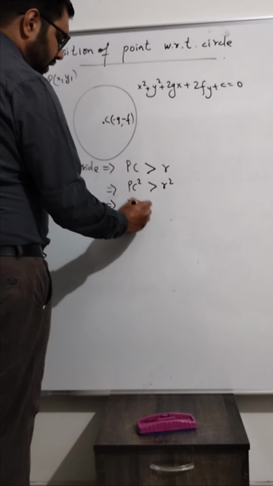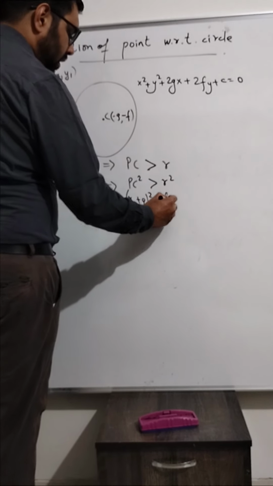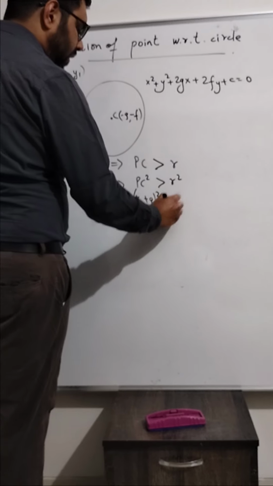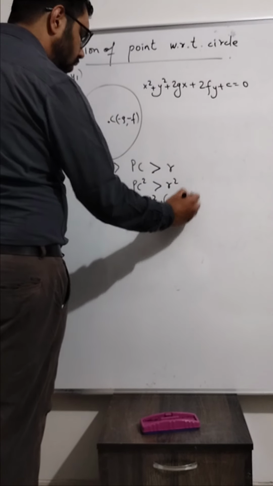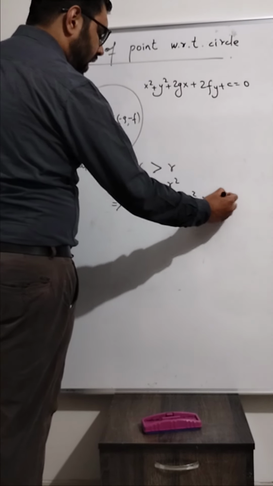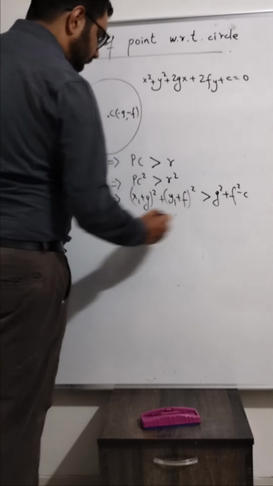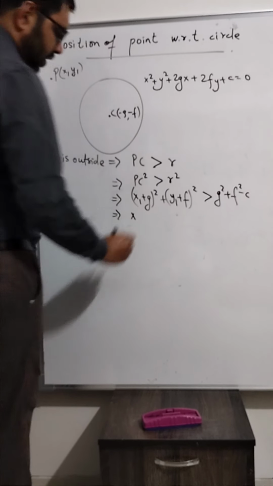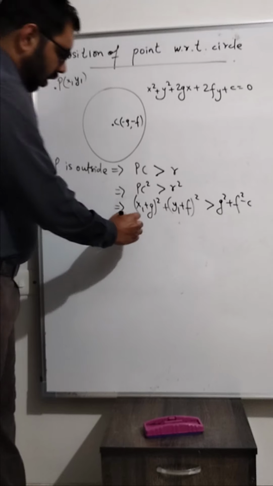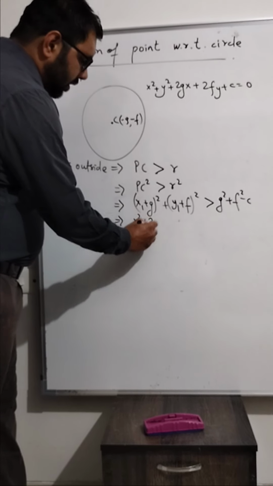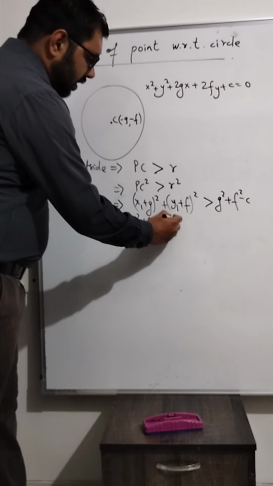So (x1 plus g) whole square plus (y1 plus f) whole square is greater than r square, where r square is g square plus f square minus c. Okay, so if we expand all the terms, this will become x1 square plus 2g x1 plus g square.